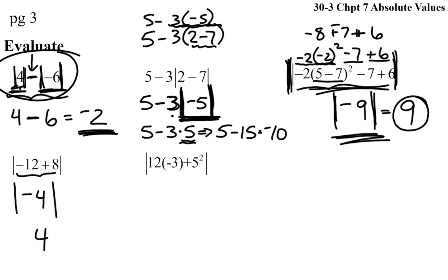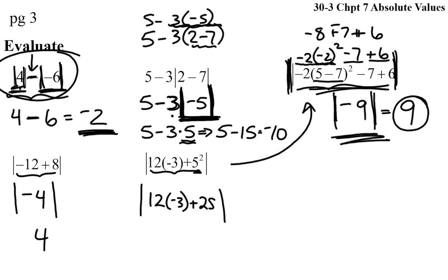And the last one, kind of similar to the one we'd done previously, we just need to do all the calculations underneath first. Order of ops, exponents first, so we have the absolute, 12 times -3 plus 25, because I did the exponent first. Multiply, absolute of -36 plus 25.